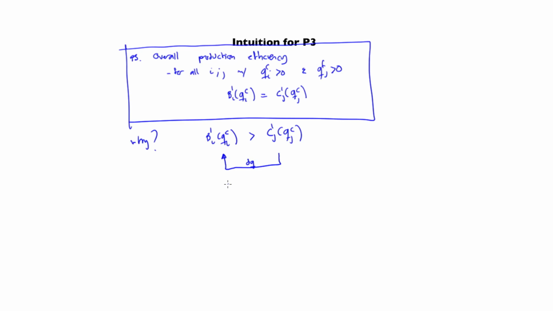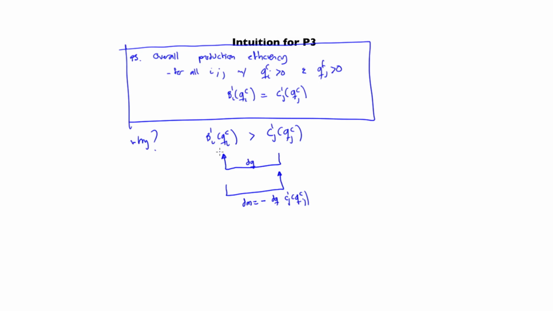And we get the consumer to cover the cost of the firm by changing dM by minus dq times cj prime of qcj. Now, that makes the production of the firm efficient because the extra costs are covered by decreasing the amount of M that the consumer gets, so feasibility is maintained.